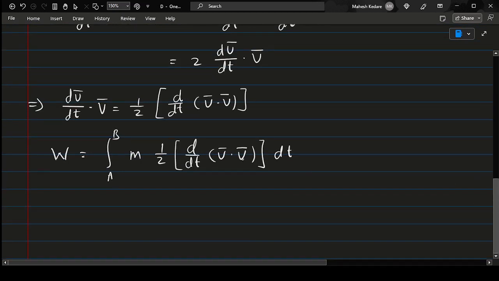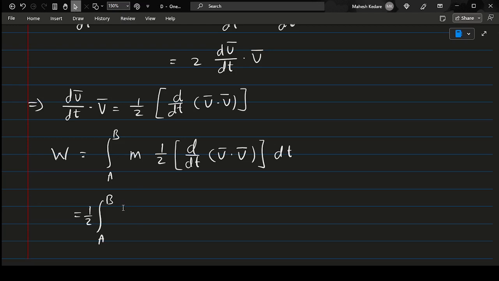V bar dot v bar is simply the velocity square. We further write it as integration from A to B. We take half outside the integration, and the mass m can also be taken outside the integration because it is constant, and then write d by dt of v square times dt.